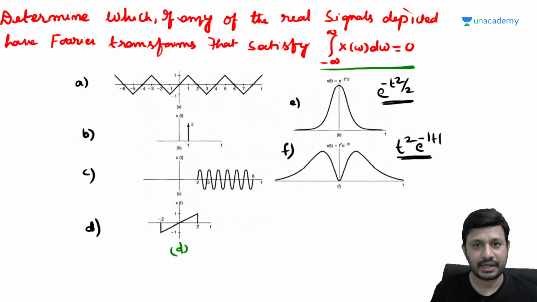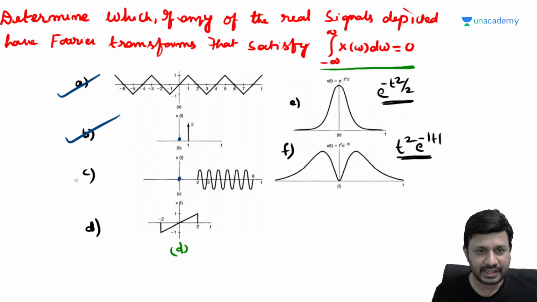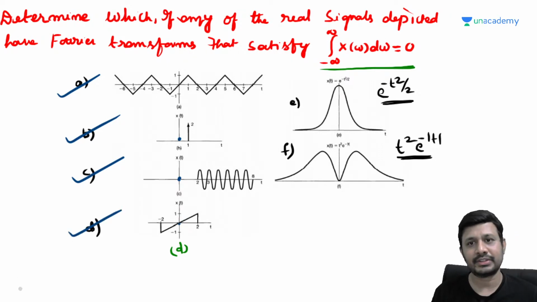Now the first one: yes, the value at 0 is 0. First one is satisfied. Second one, at 0 the signal value is 0, so this is also satisfied. Third one, yes, at the instant 0 the signal value is 0. Fourth one, yes, at the instant 0 the signal value is 0, also satisfied.